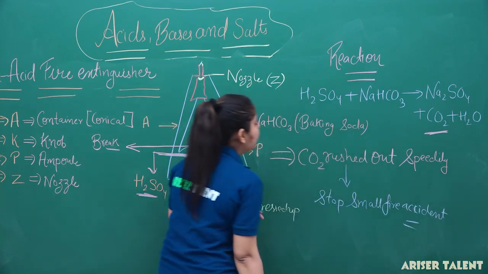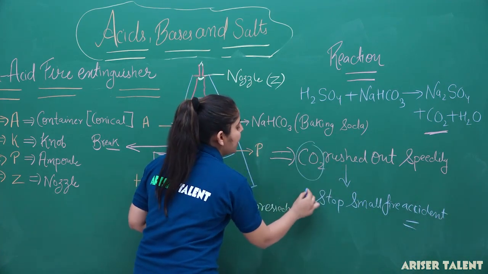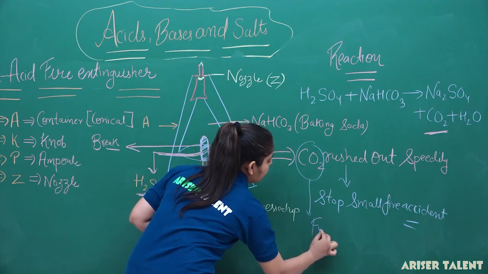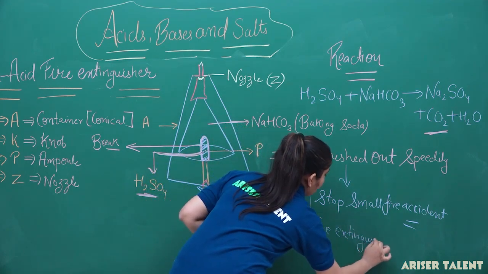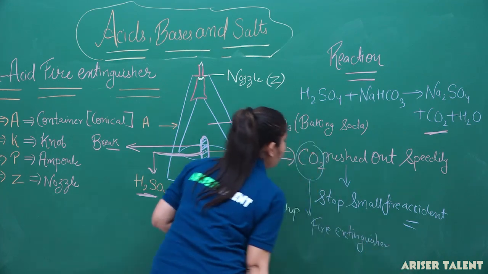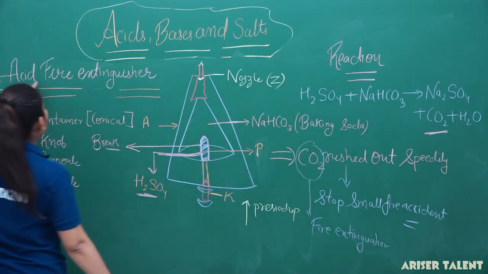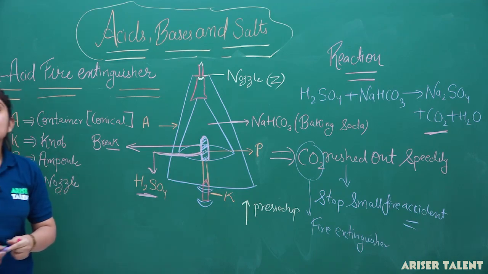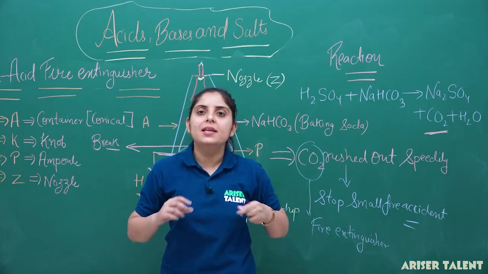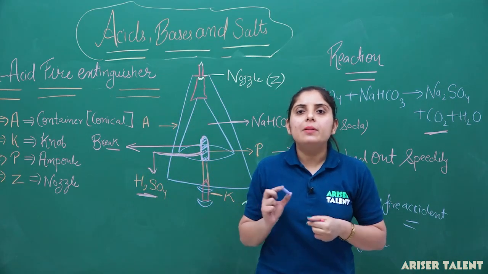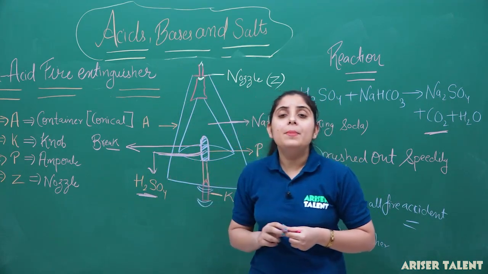So it means this CO2 is basically used as a fire extinguisher. So as its name, it is a soda acid fire extinguisher. Soda stands for baking soda, and the acid we have taken in the ampoule is basically the sulfuric acid. So this will be our last application of the baking soda.